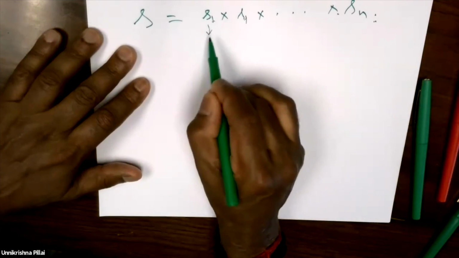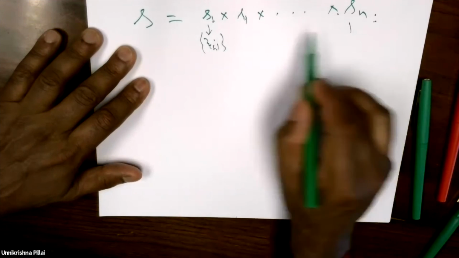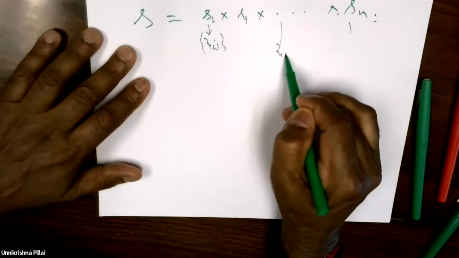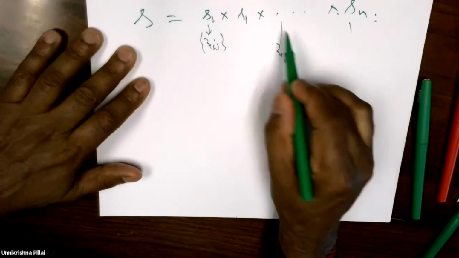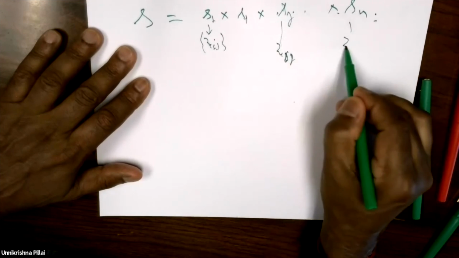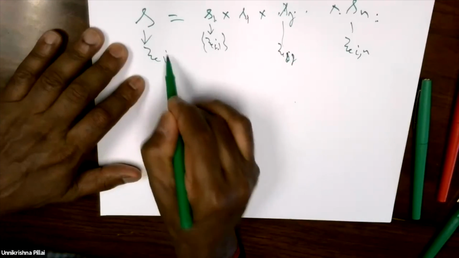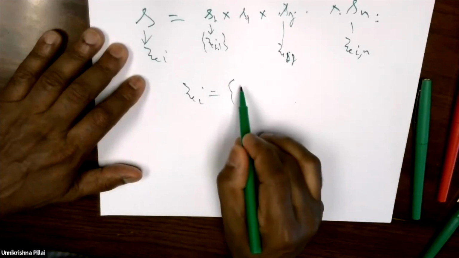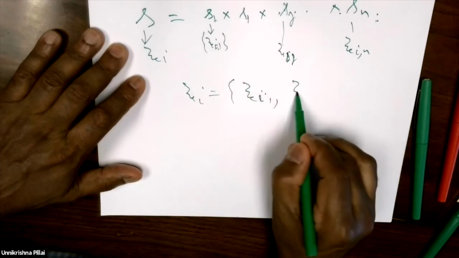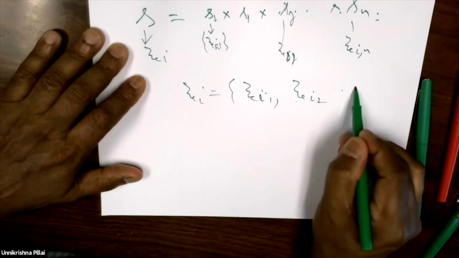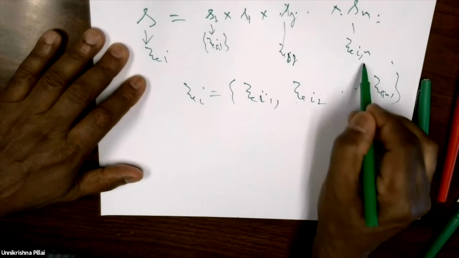Then, if these elementary outcomes I mark by psi I1, psi I2, psi j1, etc., psi ij, etc., this is the jth one according to our psi in, then any elementary outcome psi I will be an ordered pair of one entry from here, a second entry from here, etc., another entry from here, the last one.